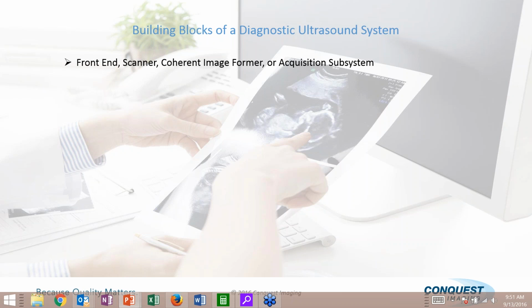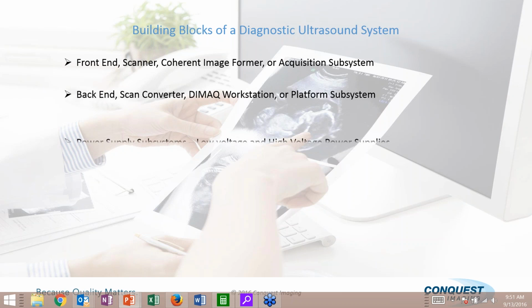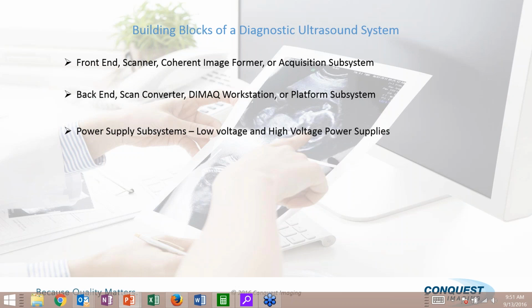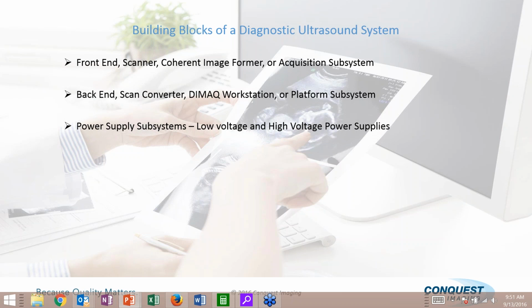They're all the same. They call them different things. They're constructed in slightly different ways, but they all have the same functions. So with an ultrasound system, we have something called a front end or scanner, a coherent image former, or an acquisition subsystem. All really cool, fancy terms, but they're all the same thing. And then we have a back end, or also a scan converter, DICOM workstation, or platform subsystem. Again, same thing, different names.